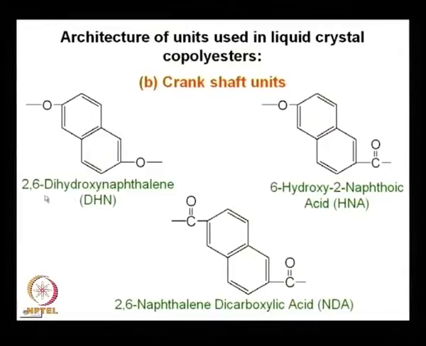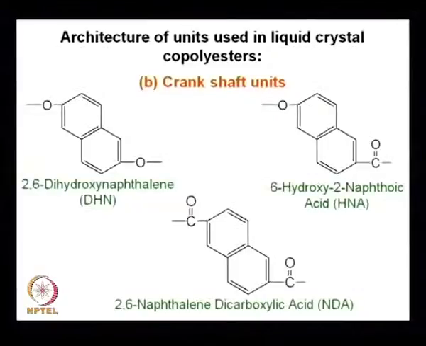So, here it is 2,6-dihydroxynaphthalene, okay, and 6-hydroxy-2-naphthoic acid. Here you see dihydroxy, hydroxy acid; in the previous case you saw dicarboxylic acid, hydroxy acid, or biphenol or hydroquinone. You see, the properties will be different: the melting point, the solubility, all these properties will radically change if you move from one architecture to another.